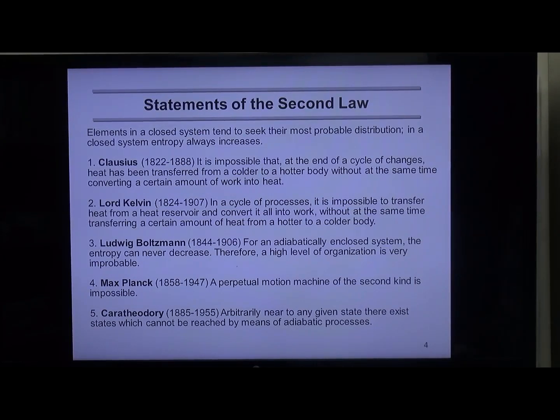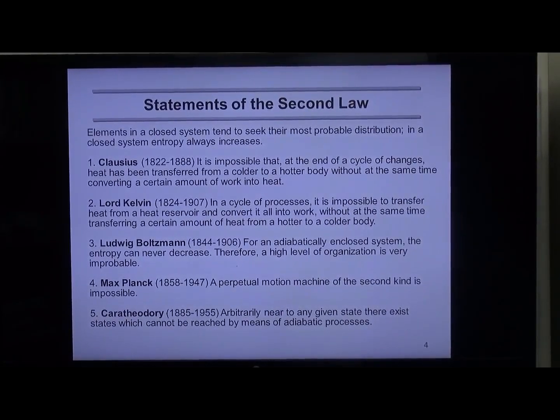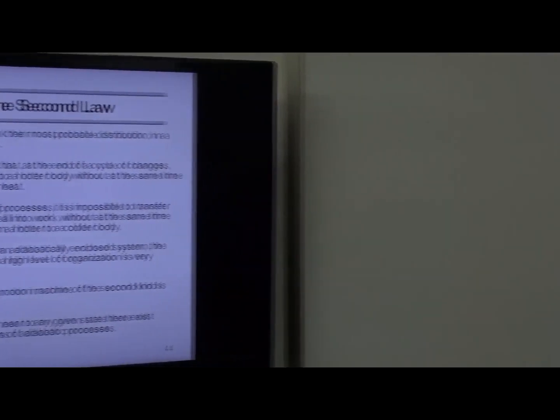To do that, let's first consider a cyclic process. That's here. Okay.